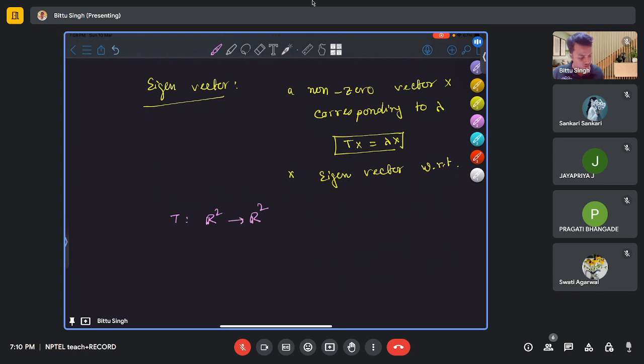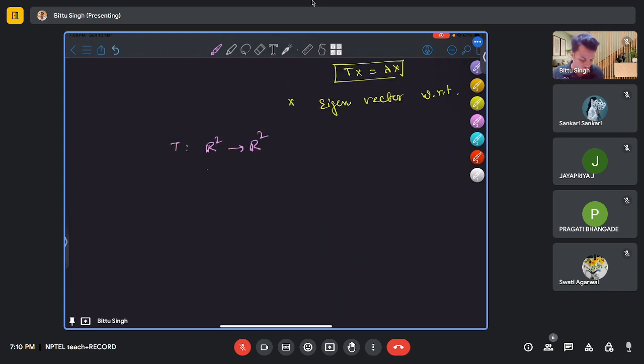Instead of rotation, let us take this example: x comma y, apply T, it projects, so it will be the matrix 1 0, 0 0, and here x comma y is the same as x comma 0. Consider this transformation. I have written it in column form, but you can write it in row form, that is, x comma y, an ordered pair.